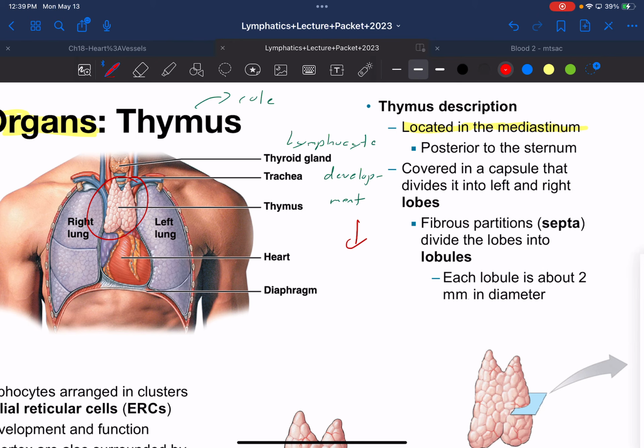Role in development of T lymphocytes, T cells.